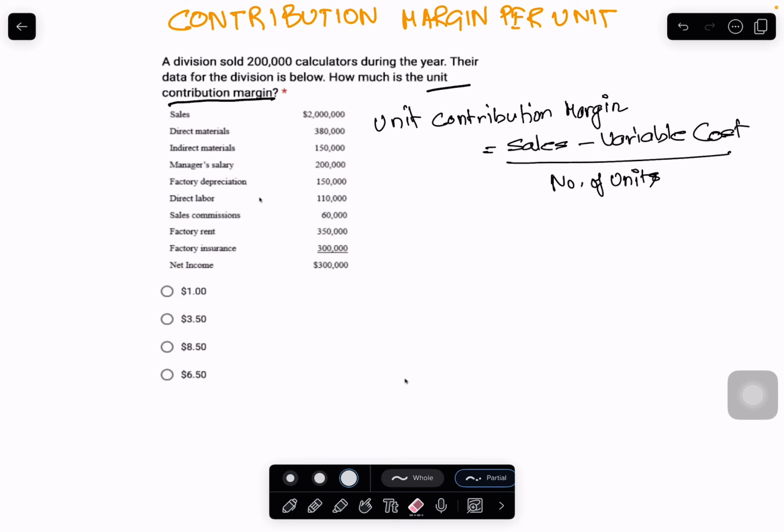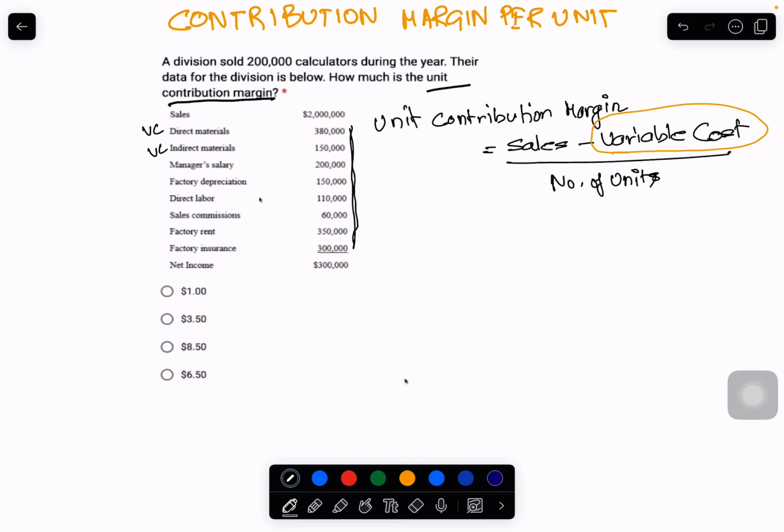Since the formula says we need to find the variable cost, let's find out from this list of costs what the actual variable costs are. Sales is the top line, that's basically the income. Now we're talking about the cost. Direct material is a variable cost, indirect material is also a variable cost.